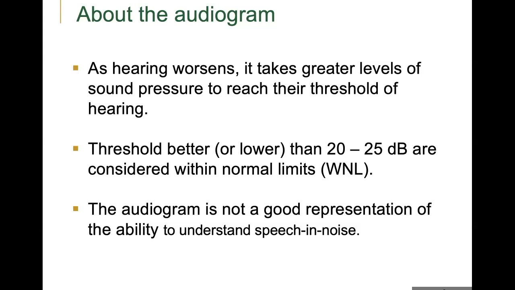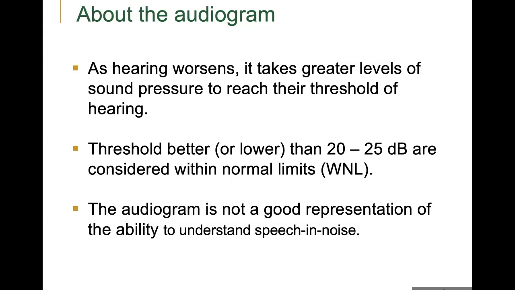So when we're talking about 0 dB HL on the audiometer, we're talking about the amount of sound pressure that's needed to achieve hearing that corresponds to 0 dB HL.